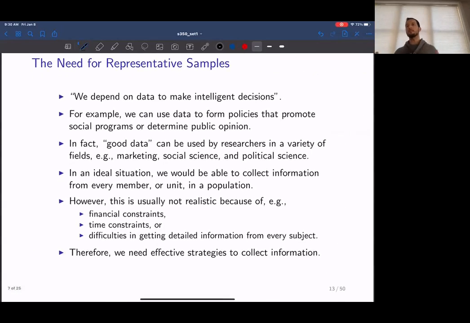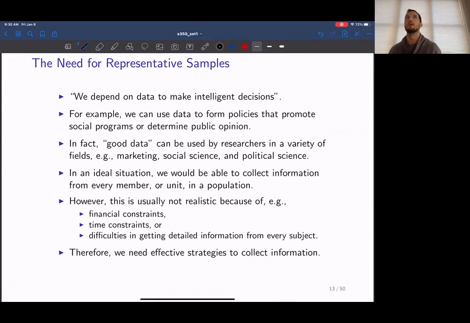Okay, so let's look at some motivating examples and talk a little bit about why we need to develop these different sampling strategies. First off, one might reference a quote like, "We need data. We depend on data to make intelligent decisions."